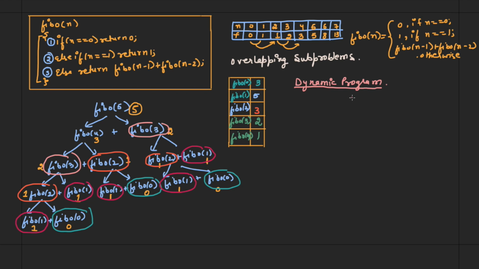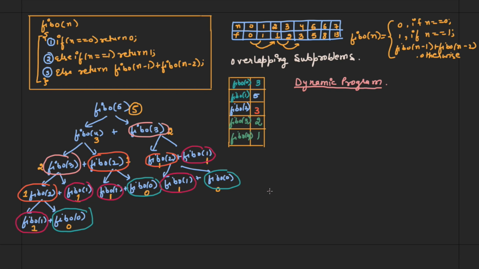Why are you wasting so much time and space and resources? Whenever you evaluate, for example, Fibonacci of 0, store it in an array, and next time when you have to make that recursive call, don't make it, just take that value from the array. In the same way, we are calculating Fibonacci of 1 5 times. Instead, store the value of Fibonacci of 1 in an array, and whenever you have to call the value of Fibonacci of 1, access it from the array, because you don't have to call it again and again.